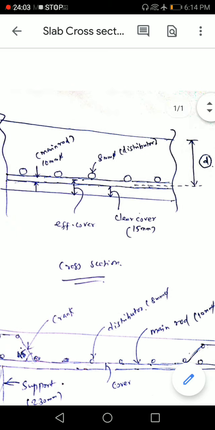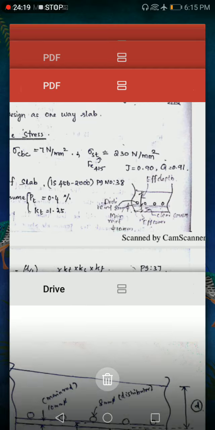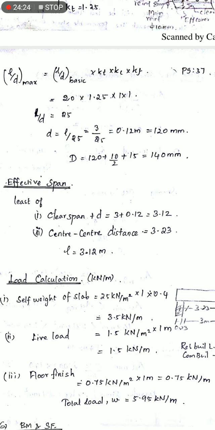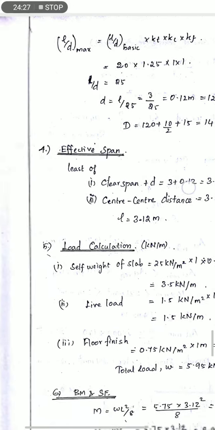So practically in slab, main reinforcement diameter will be provided as 10 mm, and distribution bar diameter will be provided as 8 mm diameter. Okay, please keep it in mind. So therefore overall D equal to 140 mm.